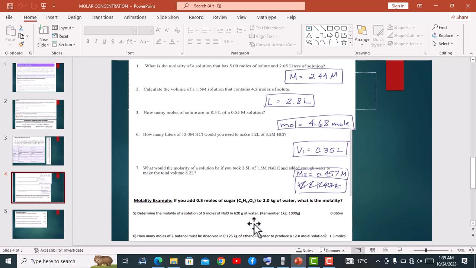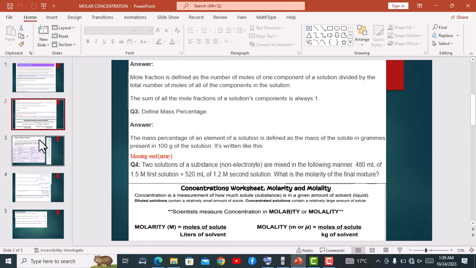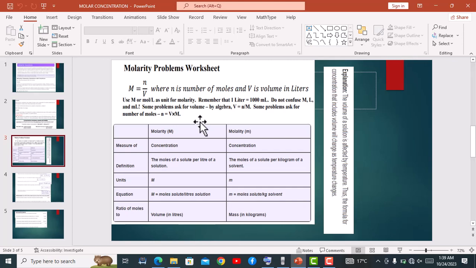All right. How many liters of 12.0 molarity HCl would you need to make 1.2 liters of 3.5 molarity HCl? So we are looking for volume, and we know that volume is the number of moles divided by molarity.